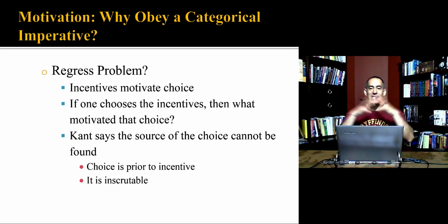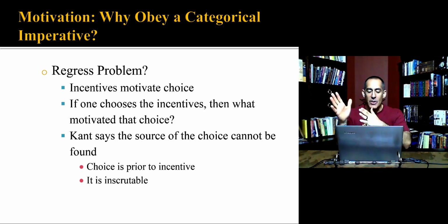Okay, so an incentive motivates you to choose, right? Like, this is my incentive. That's why I'm going to go in that particular direction. So if you're thinking incentives motivate your choice, then we're saying we're choosing the incentives themselves. So if you choose the incentives, what motivated that choice?